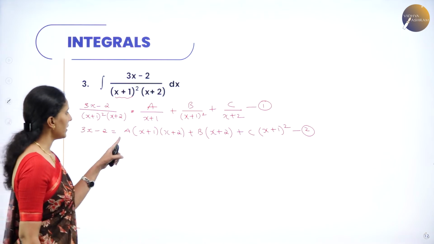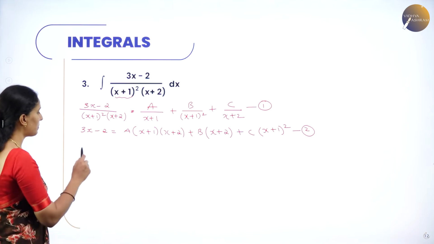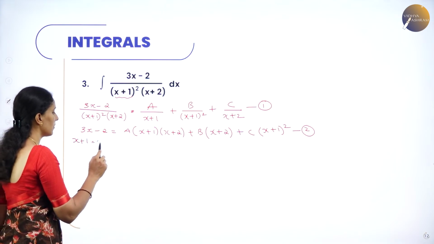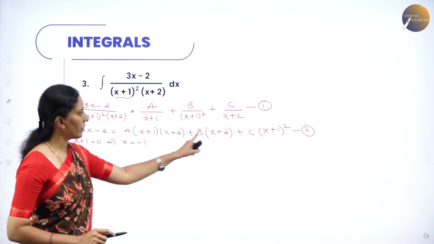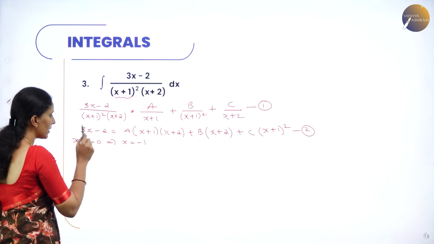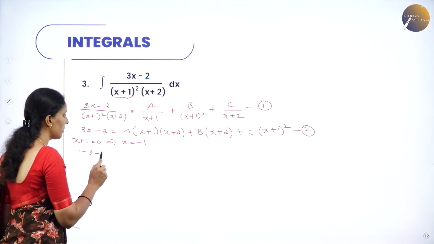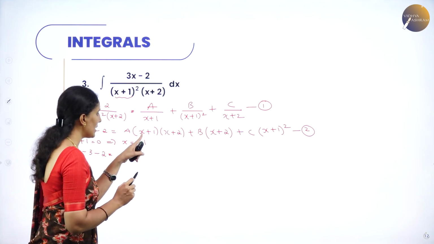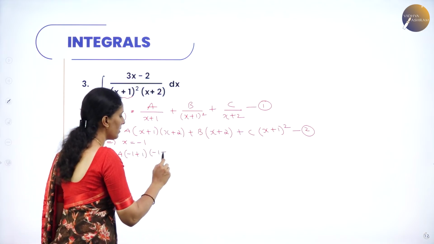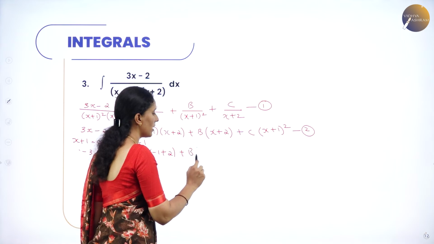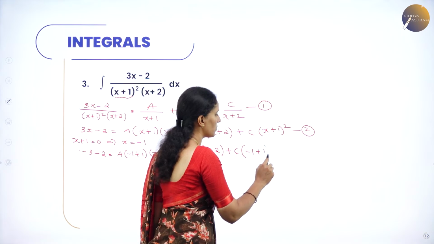Now here we have two linear factors, one is x plus 1, another x plus 2. So put x plus 1 is equal to 0, we get x is equal to minus 1. So put x is equal to minus 1 in equation 2. Then it becomes 3 into minus 1 minus 2, equal to a into (minus 1 plus 1)(minus 1 plus 2) plus b into (minus 1 plus 2) plus c into (minus 1 plus 1) whole square.